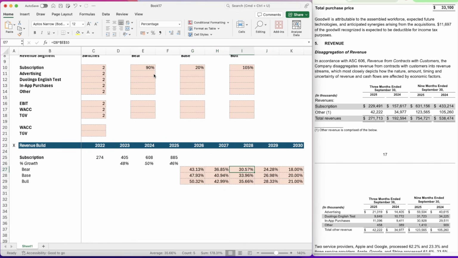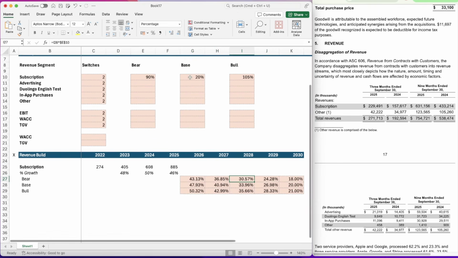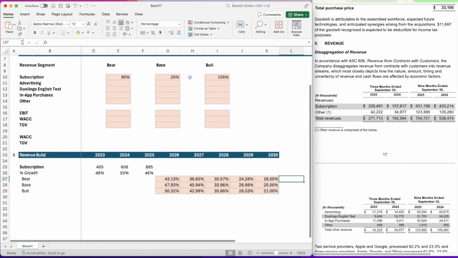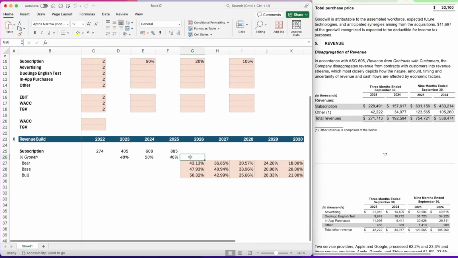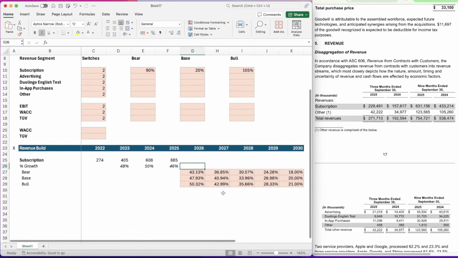The reason we're saying this is that going with a 20% base is probably actually at the upper end of what the base can be. So the bull upside is probably significantly less than what the downside could be on the bear case scenario.